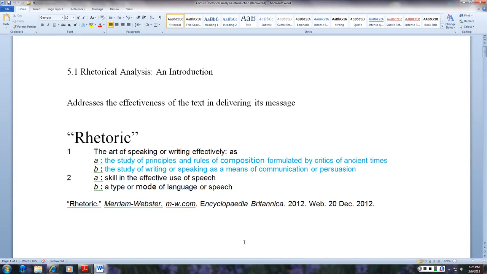So when we write a rhetorical analysis, what we are doing is addressing the principles and rules of composition, the rules of writing and speaking as a means of communication, the effectiveness of those means in persuading the reader, the audience.